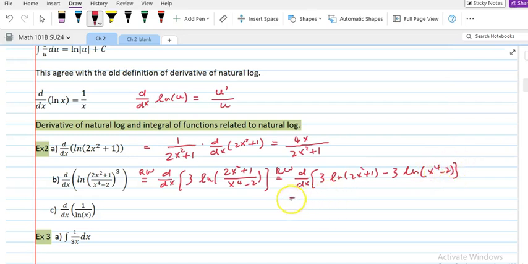So why do I make it like that? Because I can do the derivative of each part individually, which is very easy. It becomes 3 times the whole thing inside the log in the denominator, and then the derivative, which is 4x. Minus 3 times this one in the denominator, and then the derivative of it in the numerator because of chain rule, 4x cubed.